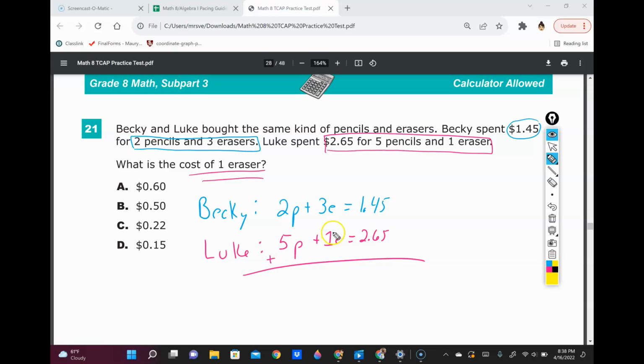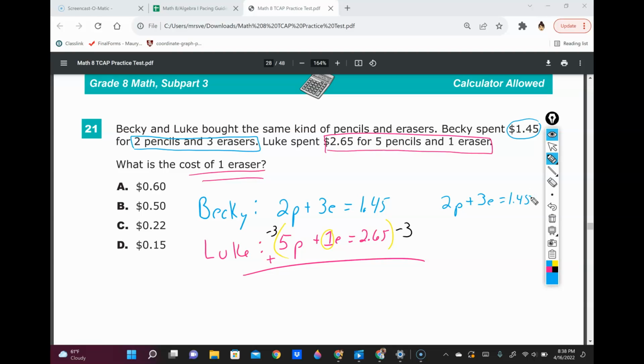And I notice here that if I made that a negative 3E, then my E's would eliminate. And so that's what I'm going to do. I'm going to multiply this entire equation by negative 3. The first equation I'm not going to change. I'm just going to bring it over: 2P plus 3E equals $1.45.